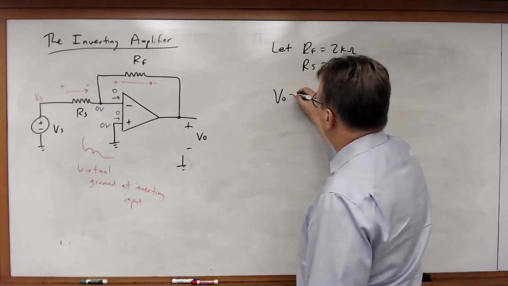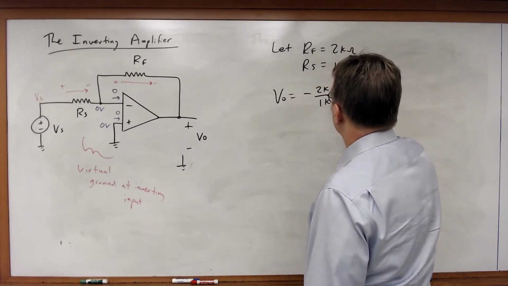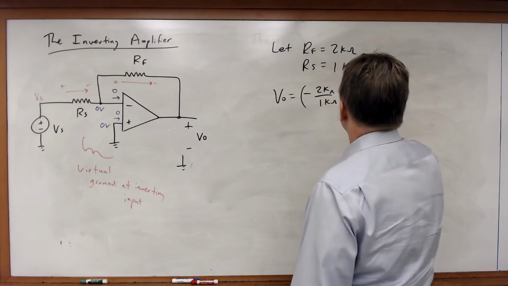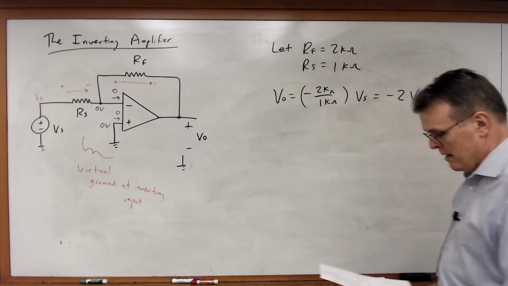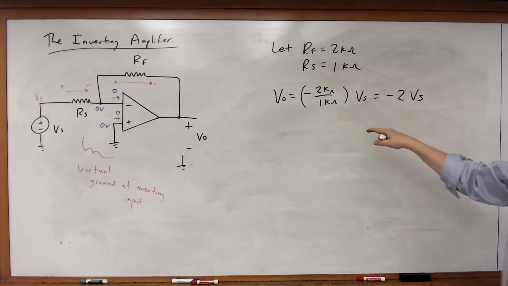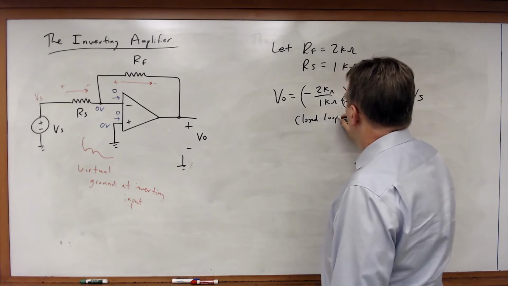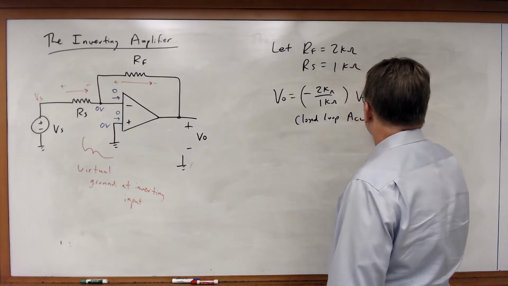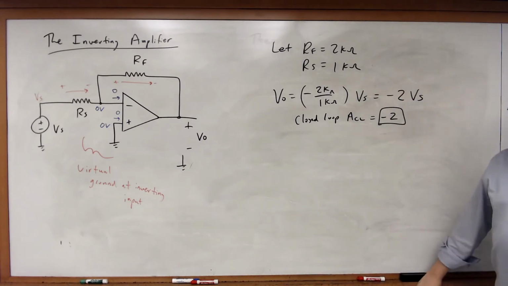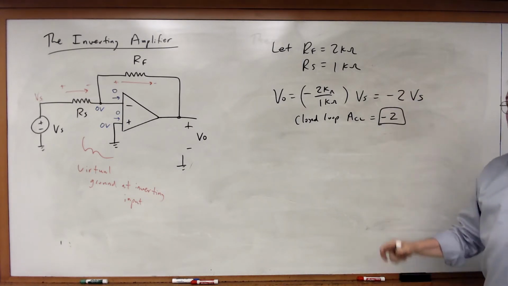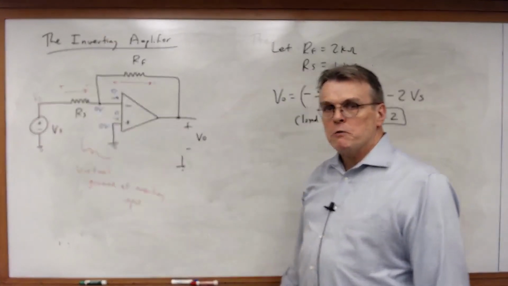Therefore, VO will just be equal to minus 2K over 1K times VS, which is equal to minus 2VS. So in this case, I've got a closed loop gain of minus 2. Now notice this is not infinite. It's in fact determined by the values of those resistors.